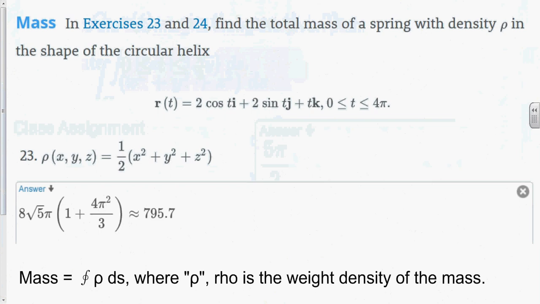The formula for the helix is always some number times cosine plus some number times sine, and then plus some term over here times k. So we want to calculate the total mass of a spring in the shape of this so-called helix.